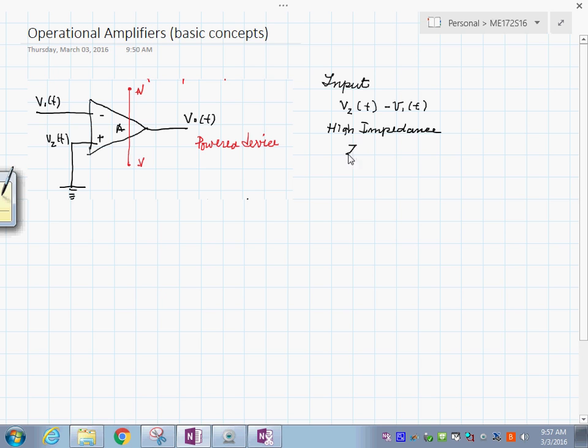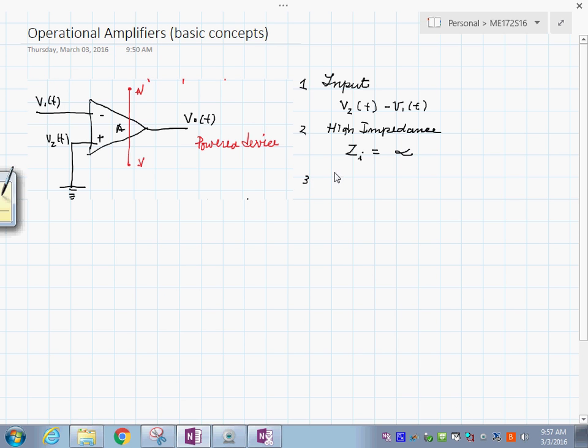So these are the characteristics, and this is on the input side.